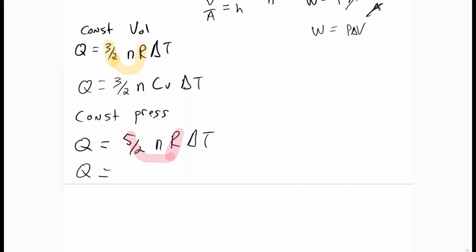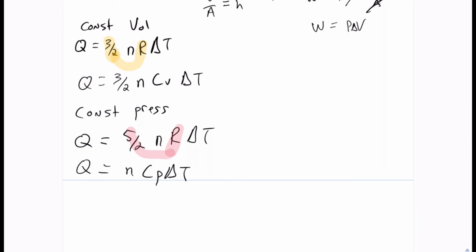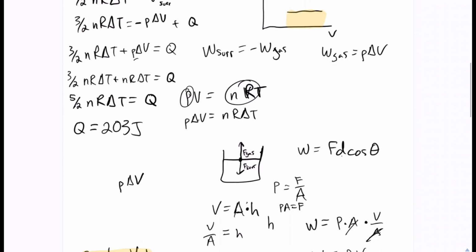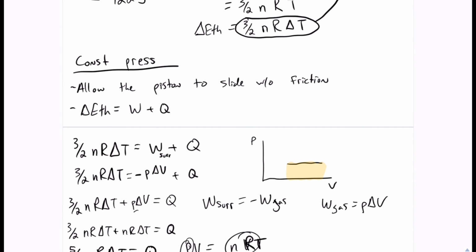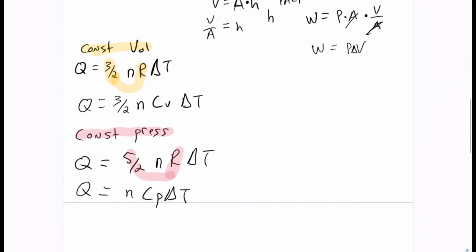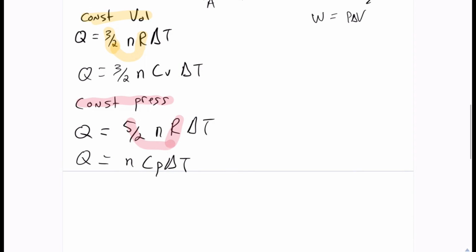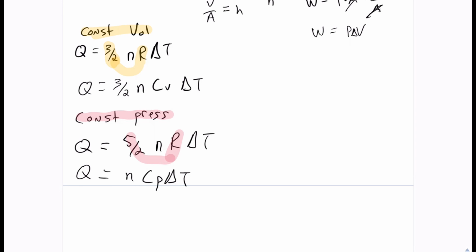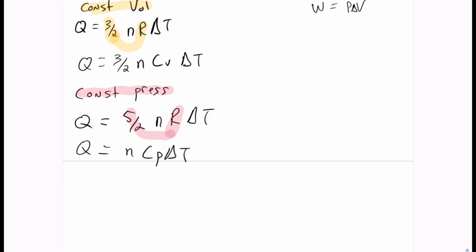So in this case, we're going to have Q equals n CP delta T, and CP is going to just be equal to 5/2 R. So now we can see how this might be something we can work with in the future pretty easily to think about heat transfer to and from an ideal gas. So the molar specific heat capacity of an ideal gas at constant volume is just going to be CV, and the specific heat capacity at constant pressure is going to be CP.